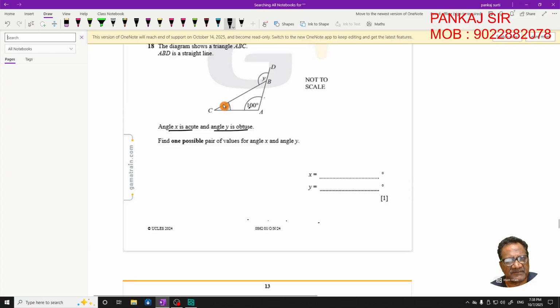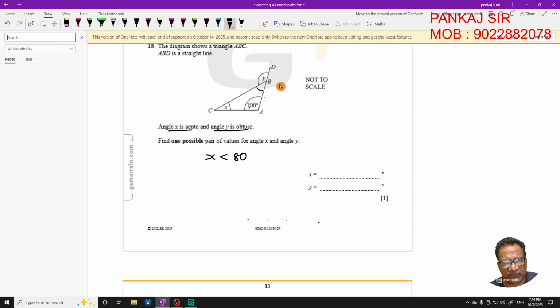So what I can do, looking at this triangle ABC, is tell you one thing: x should always be less than 80. Because if x is 80, 100 plus 80 will be 180, and this angle CBA will become 0. If that becomes 0, then this triangle will collapse.